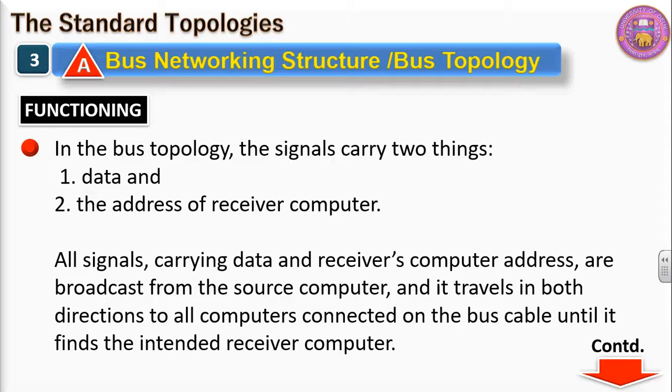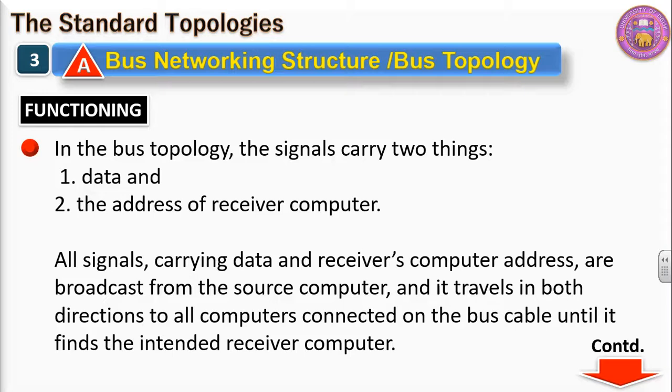There is one single line on which the data moves. Along with the data, the receiver computer address goes. On this particular main line, the source computer broadcast.